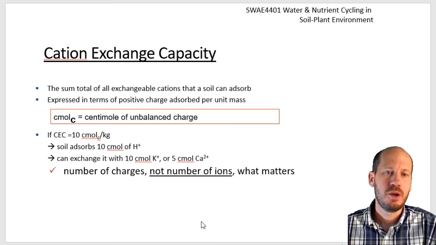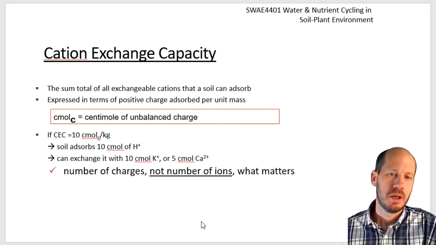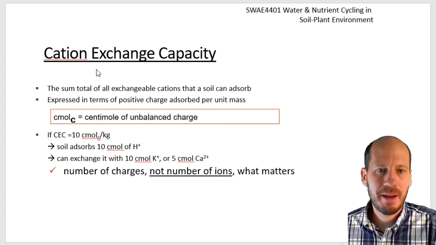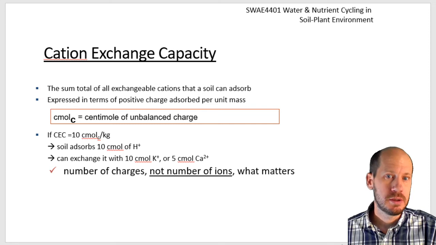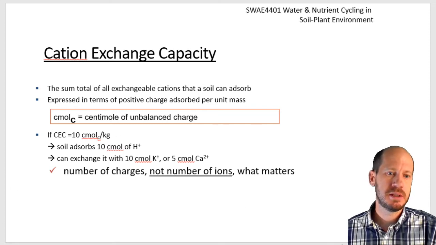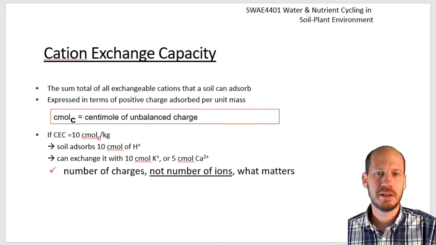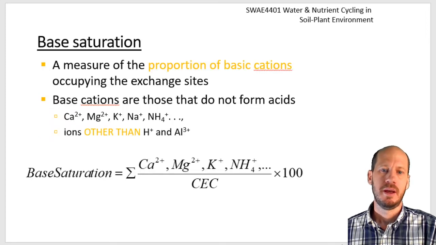You measure it by adding up the ions, but it's not a sum of the ions, it's the amount of charge that the soil possesses. This is a measurement of the capacity of the soil to retain nutrients. The higher the cation exchange capacity, the higher the capacity to retain nutrients. You can have some calculations about cation exchange capacity, but we will not worry about that at the moment.